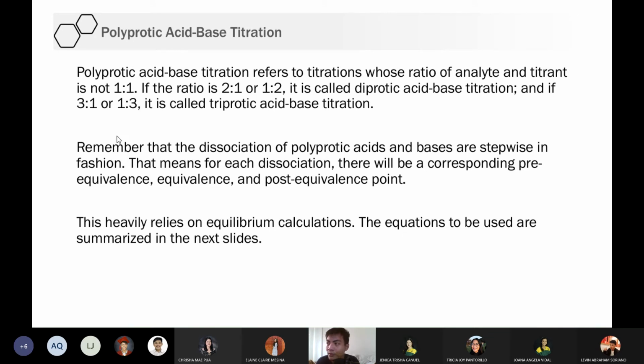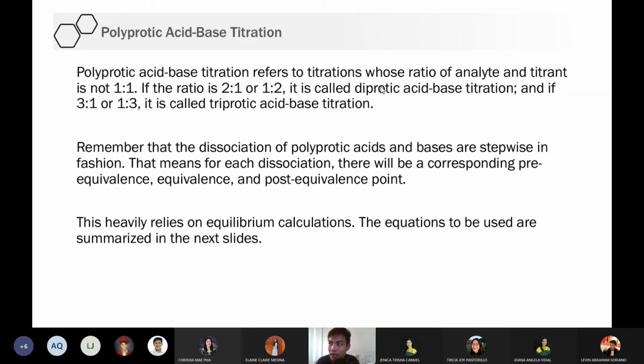Polyprotic tawag doon. Pag monoprotic, 1-to-1. Pero kapag diprotic, triprotic, iba na yung ratio or polyprotic. So kapag 2-to-1 or 1-to-2 yung ratio ng protons, then that's diprotic acid-based titration. And kapag 3-to-1 or 1-to-3 yung ratio ng protons, that's triprotic acid-based titration.